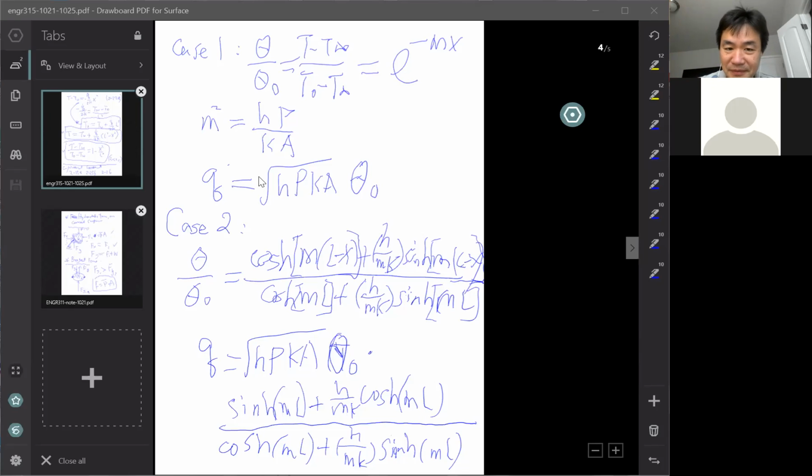That's the total. That's important information to obtain, because you want to know how much heat each fin can transfer, can remove. So these are the uses of the equation.